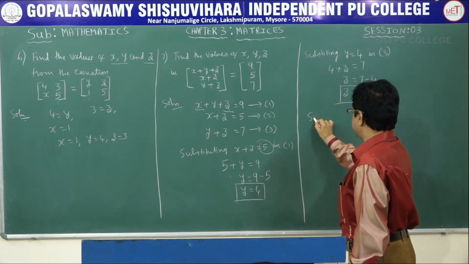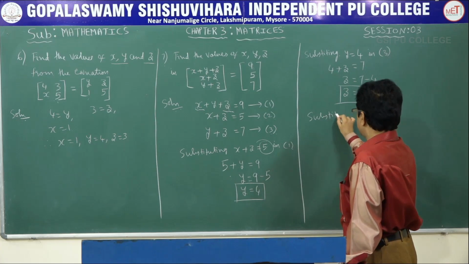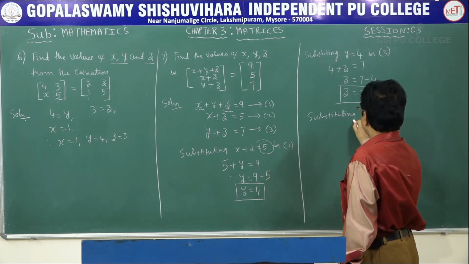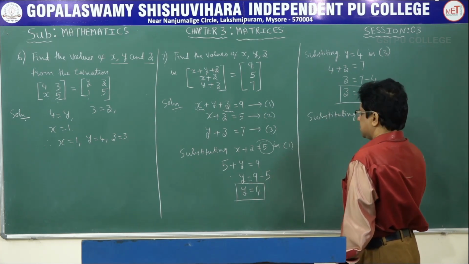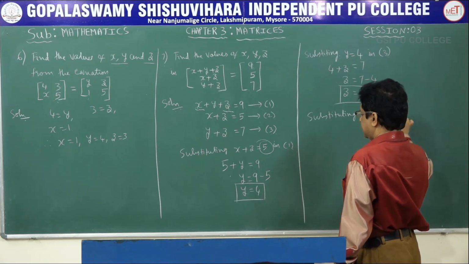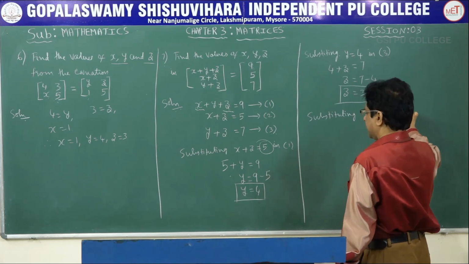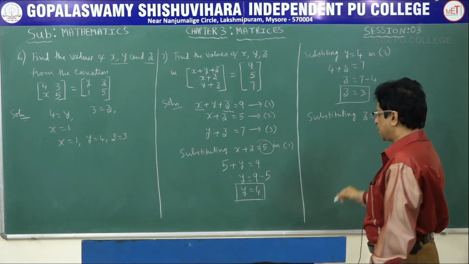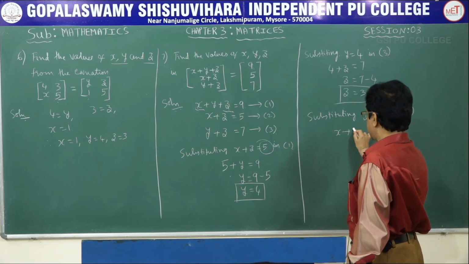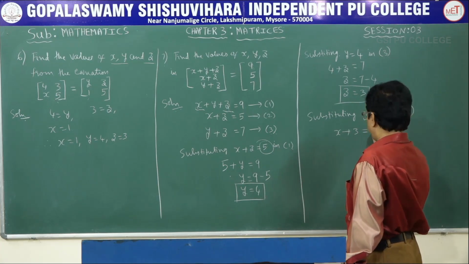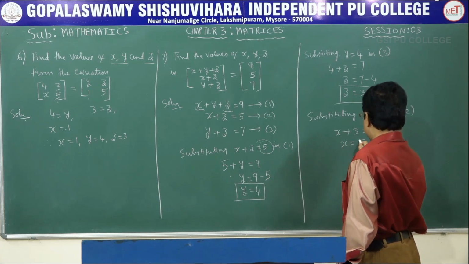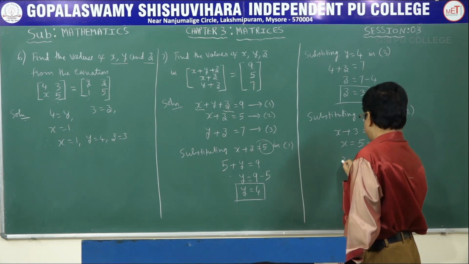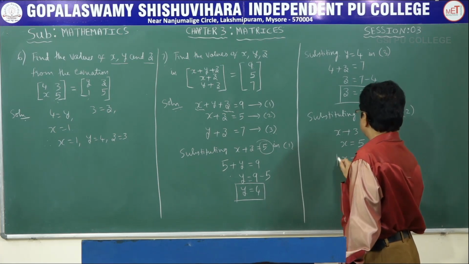So substituting z equals 3 in equation 2, you have x plus 3 is equal to 5. So x equals 5 minus 3. So x equals 2.